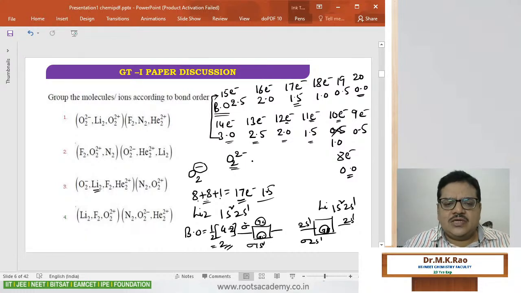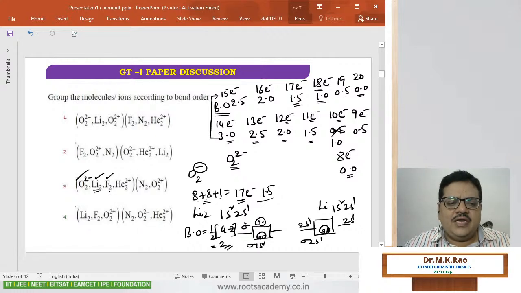Number of electrons are how many? 18 electrons. Bond order 1.0. So it should be O2 2 minus. Correction: it is bond order 1. It is also bond order 1.